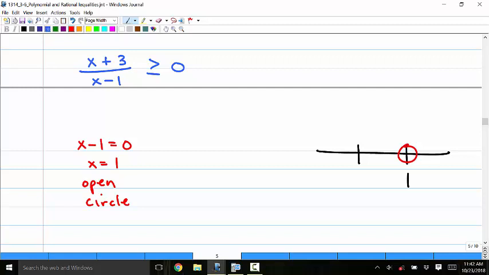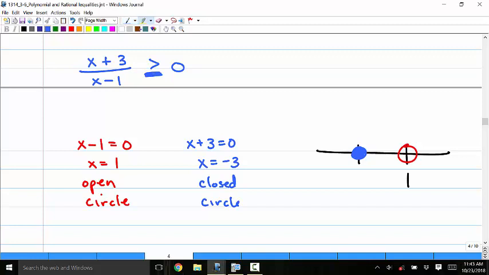Now set your numerator equal to 0. x equals negative 3. Because it's greater than or equal to, x equal negative 3 is going to be a closed circle or a bracket. Exactly. Closed circle, because it's equal to here in the original inequality.